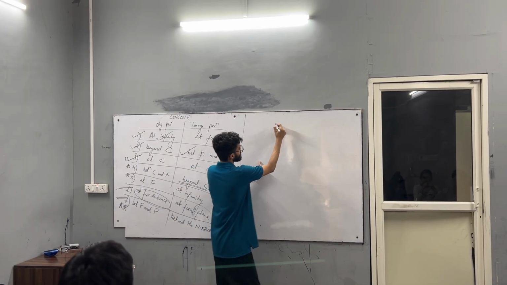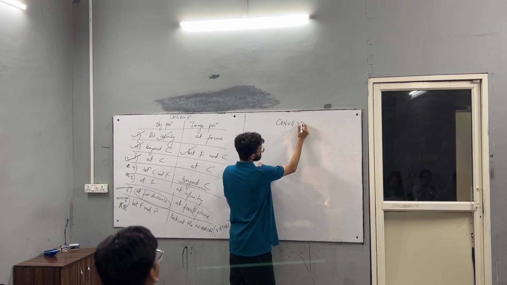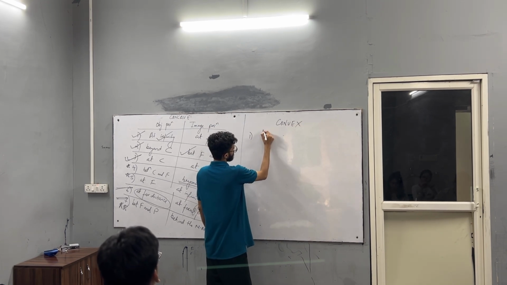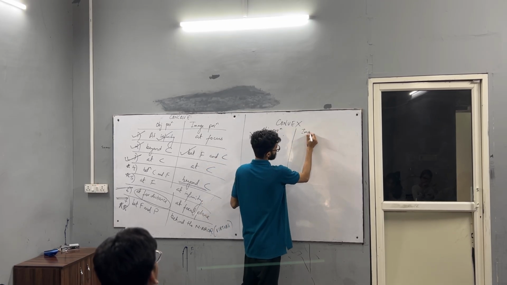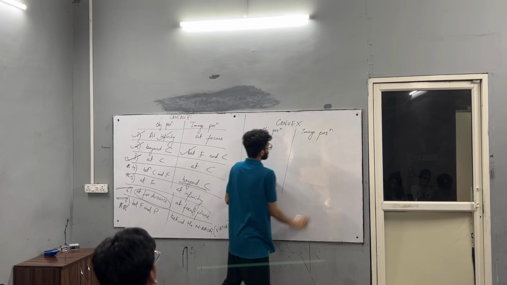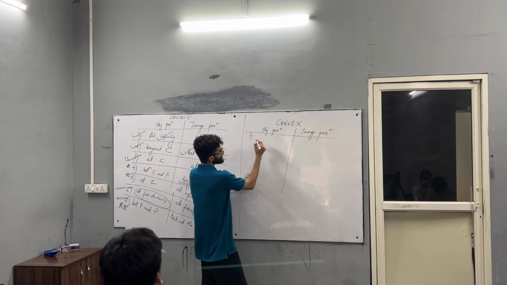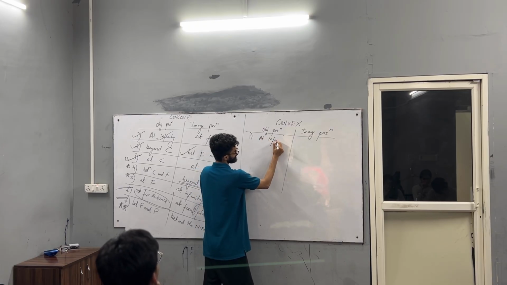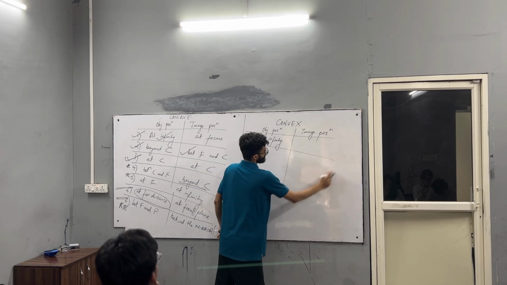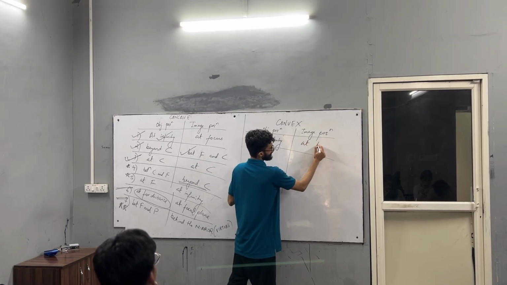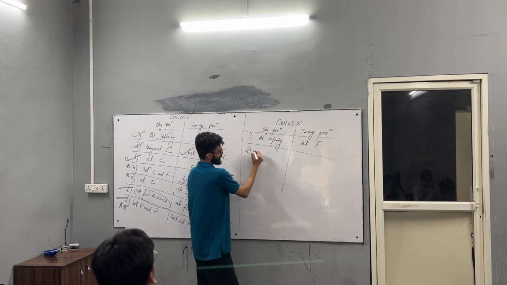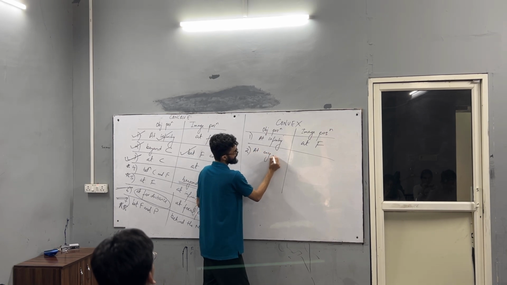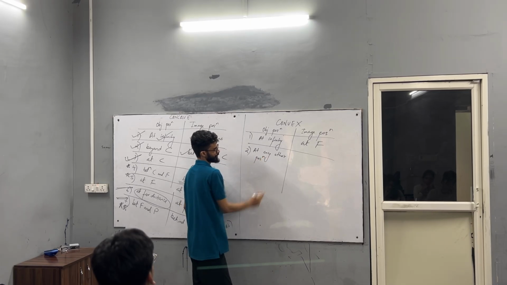Look here. Convex. Convex is simple. You only have two scenarios. The first is object position and image position. Suppose the object is placed at, again, the sun. So the image is at focus. Okay? At any other position, meaning where are you?